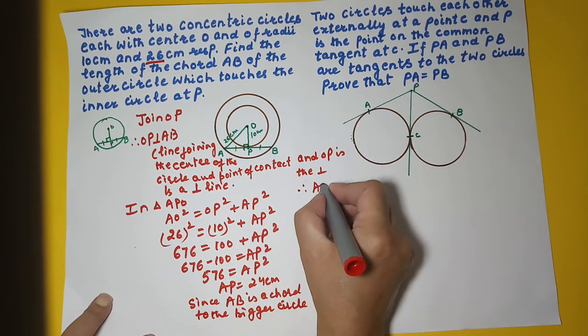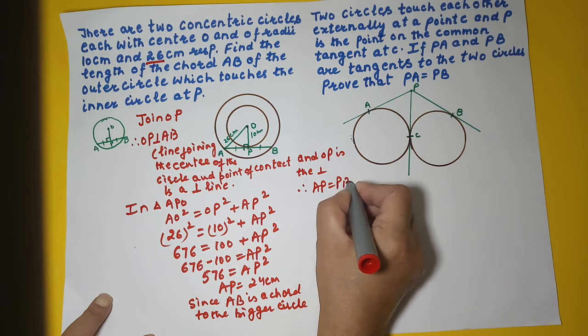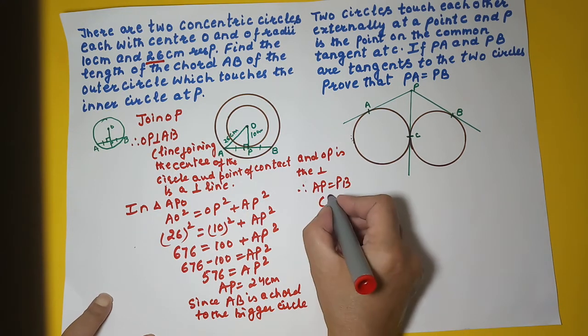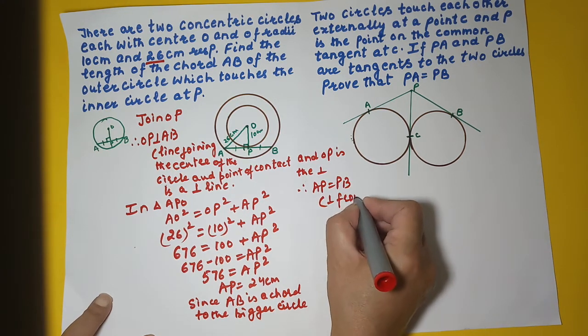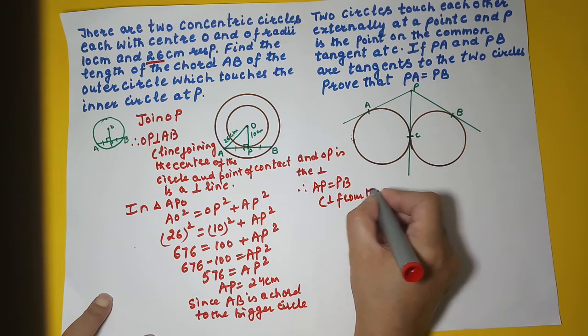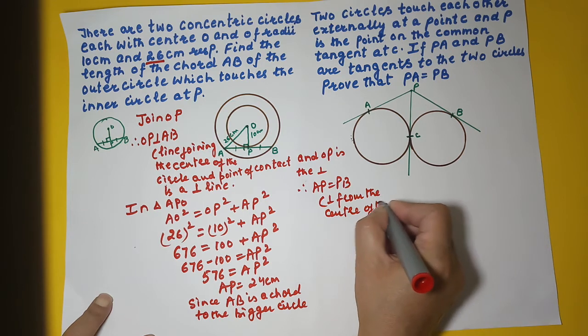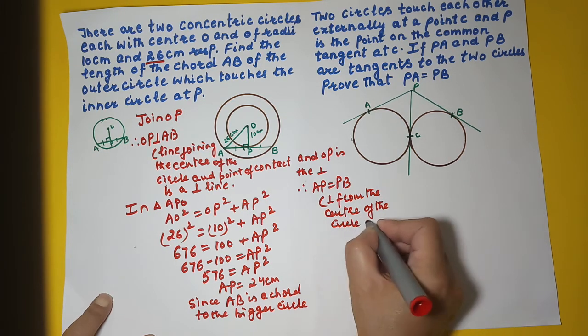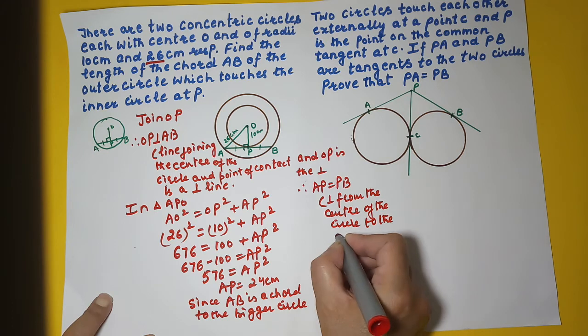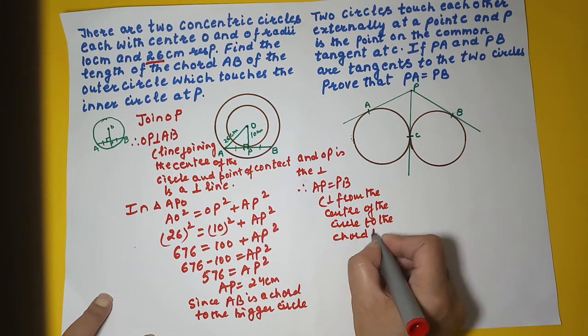Therefore, AP is equal to PB. Reason you can give: perpendicular from the center of the circle to the chord bisects the chord.